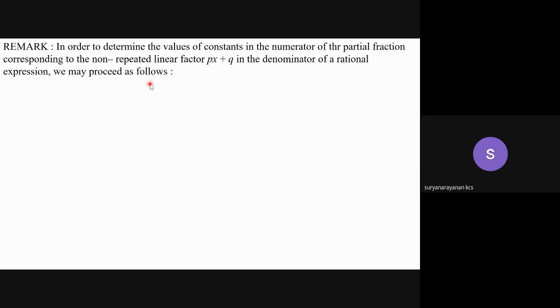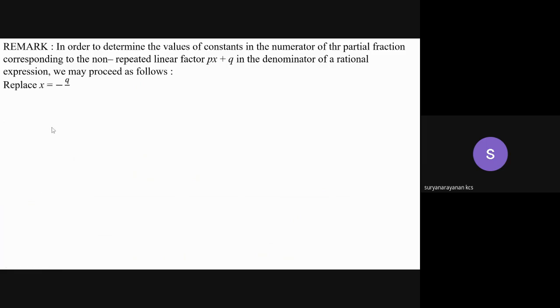But in the numerators there are unknown constants. We have to find the values of the constants. So to find the values in the numerator, we follow this procedure.